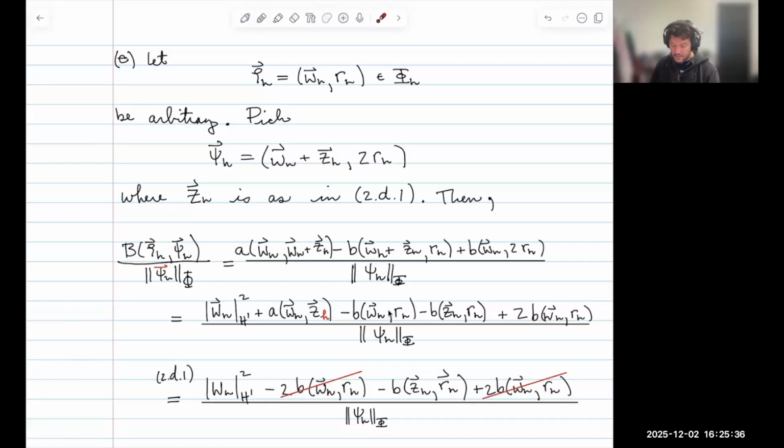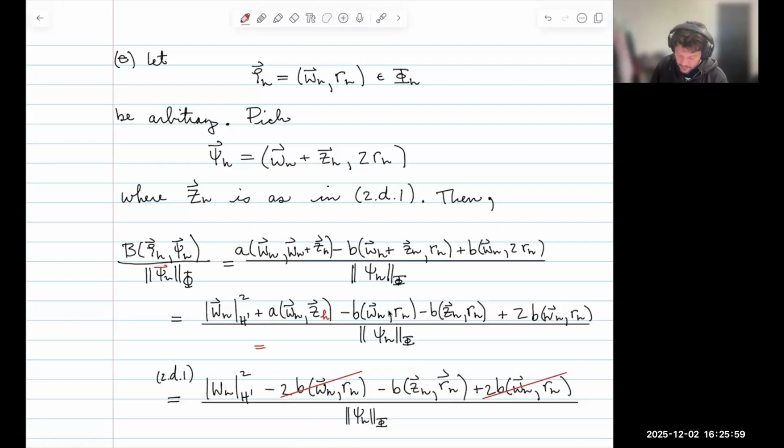Now, by the definition of this guy, according to 2.D.1, what did we say this is equal to? Well, the first thing I can do is swap these two because this is a symmetric object.